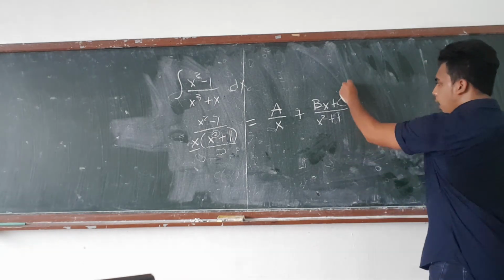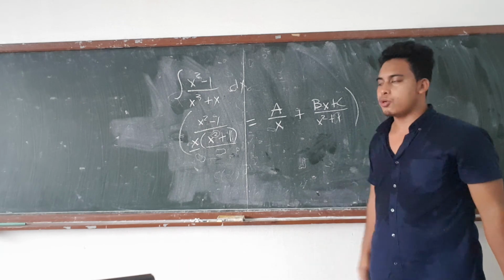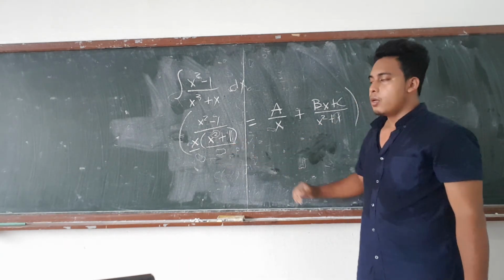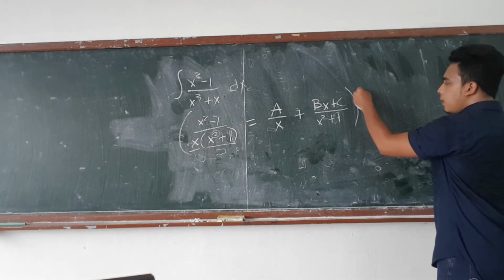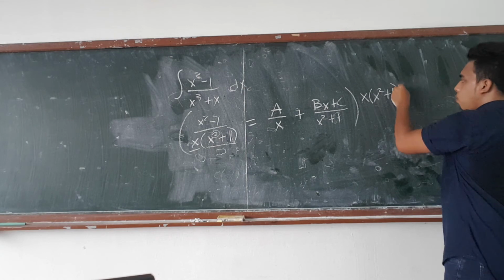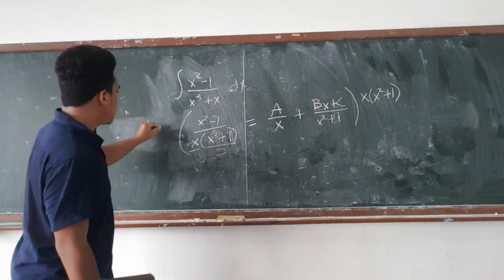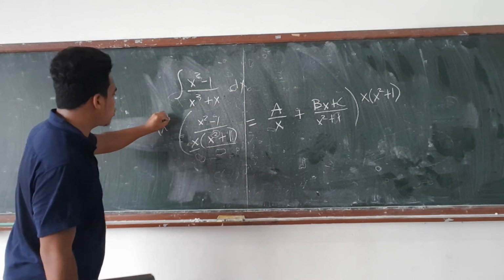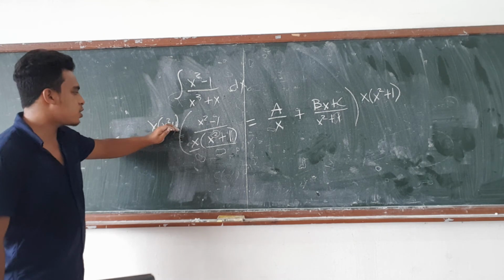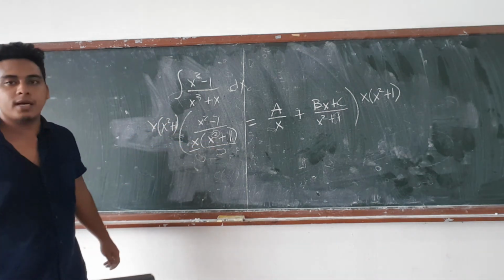Now, to cancel all the denominators of these two equations, we multiply by x times the quantity of x squared plus 1, on both sides. So x times x squared plus 1 divided by x times x squared plus 1 will be cancelled out.